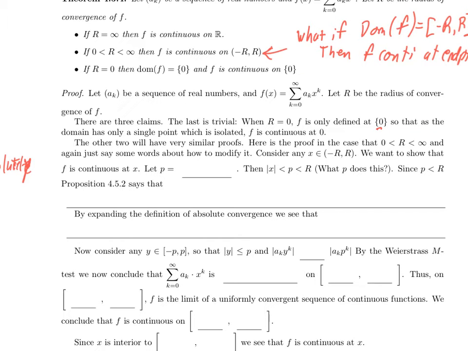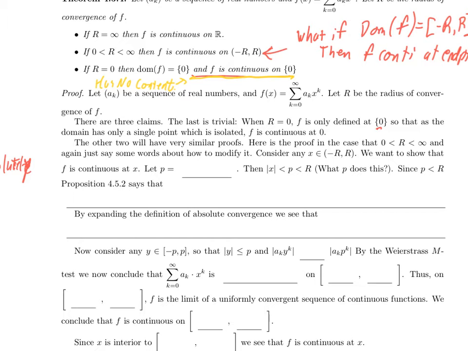So f is continuous at 0. The statement here, that f is continuous at 0, is basically contentless. Any function that's defined only at 0 will automatically be continuous at 0 because 0 will be an isolated point.